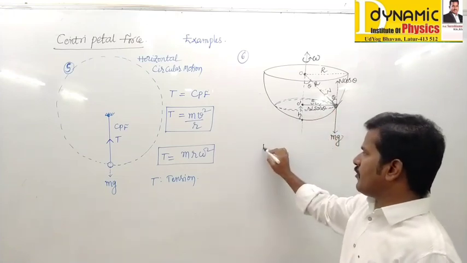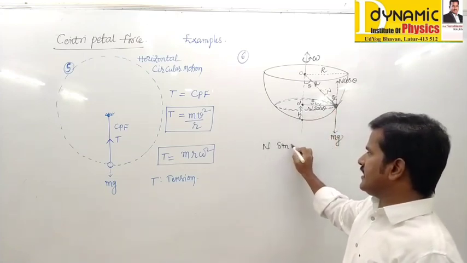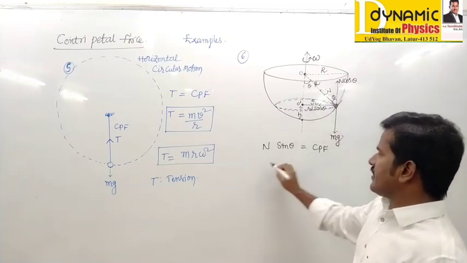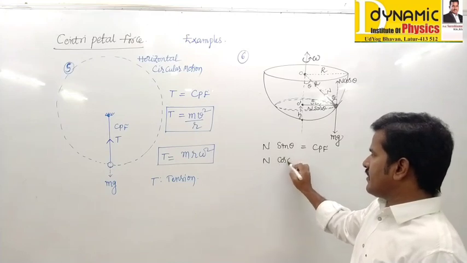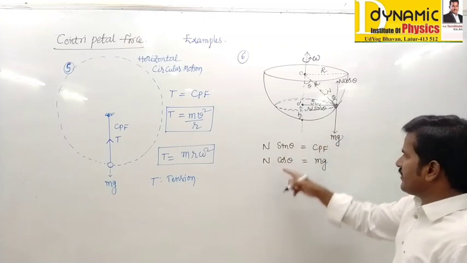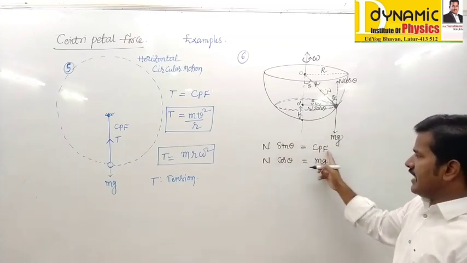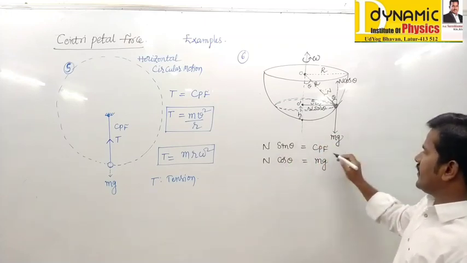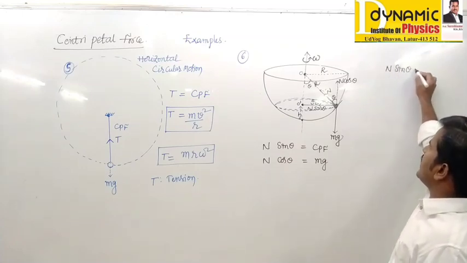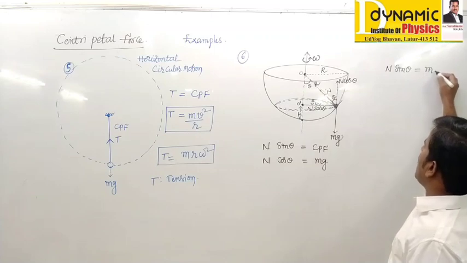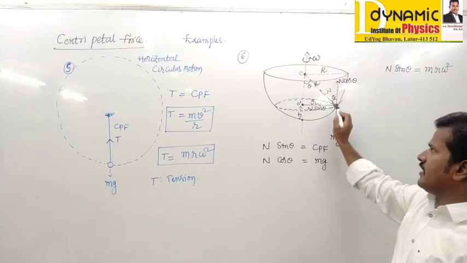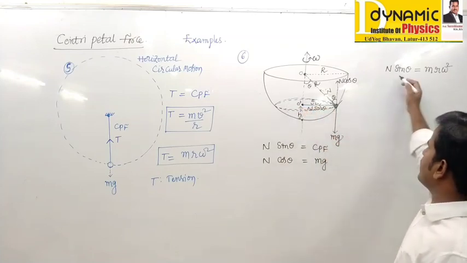N sin theta provides the centripetal force. Using these two equations, N sin theta is written as m r omega square, where small r is the radius of the circular path.